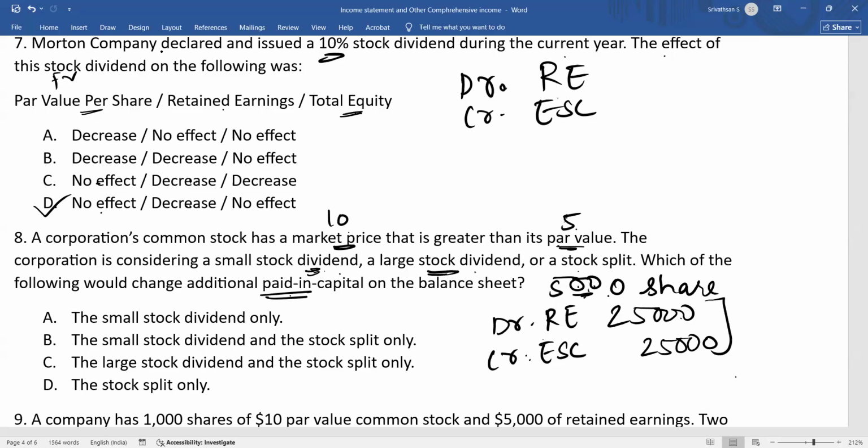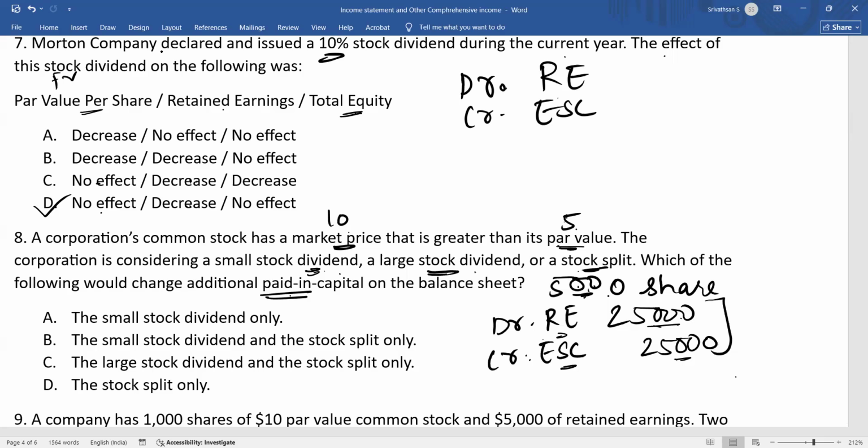So small stock dividend will impact additional paid in capital, whereas a large stock dividend will not impact additional paid in capital. Why? Because in case of large stock dividend, the retained earnings is debited with the par value only. Equity share capital is also credited with par value only. So there is no impact on additional paid in capital. And the third transaction is stock split. But we know that in case of a stock split, we are not going to pass any journal entry.